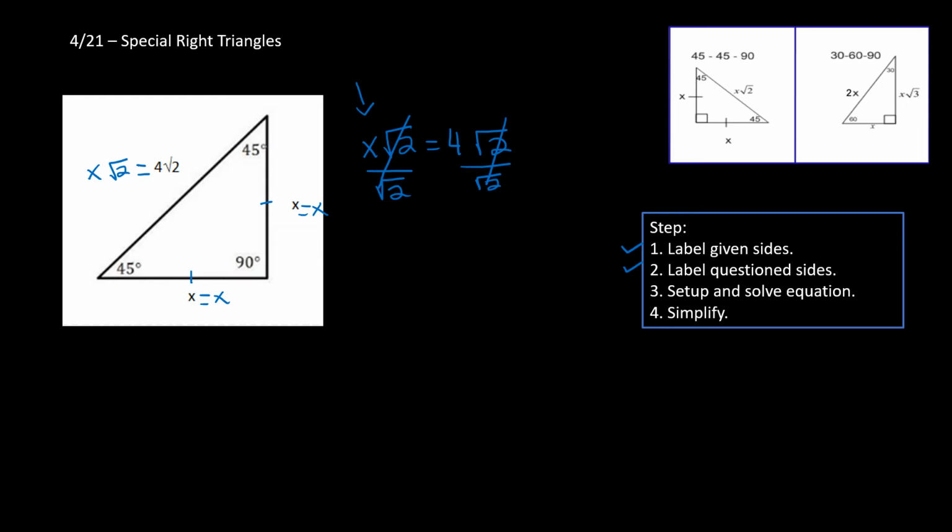The same thing would happen here, giving us this value of 1. So after we simplify these out, we get that x equals 4. So we did our setup, we did our solve, and as far as simplification, our answer here is x equals 4. So our leg is equal to x, which is equal to 4.